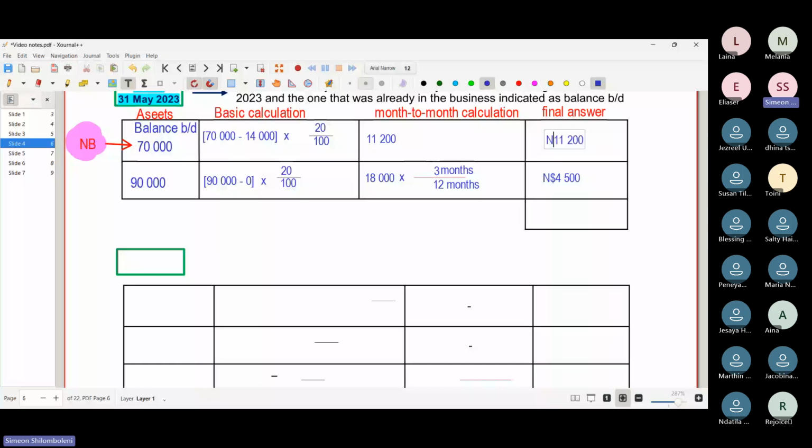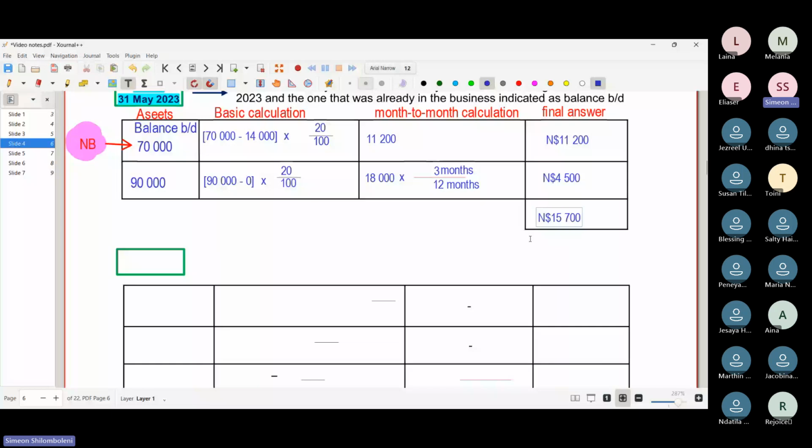Now we might just find out how much is the total depreciation for year one. $50,700. So this is the total depreciation for year one.